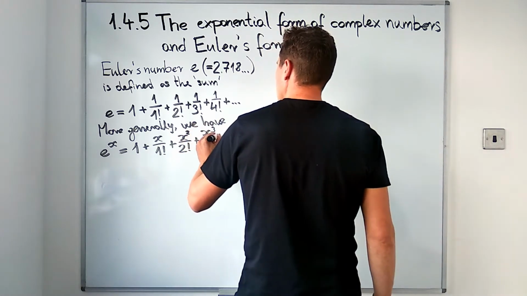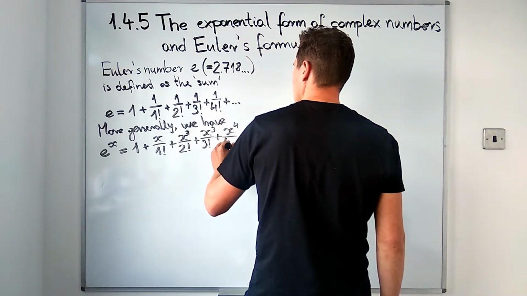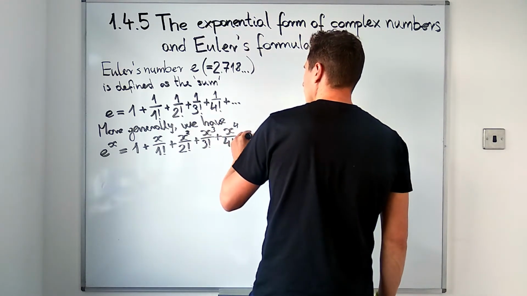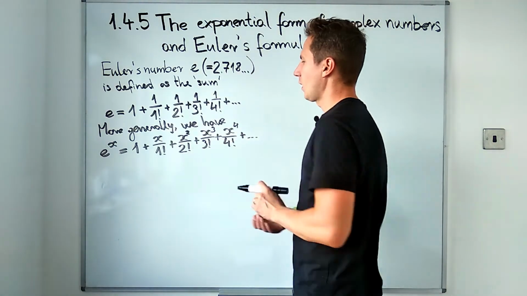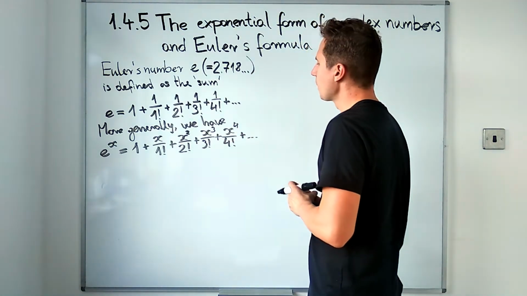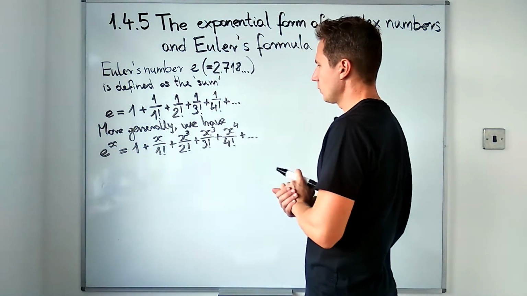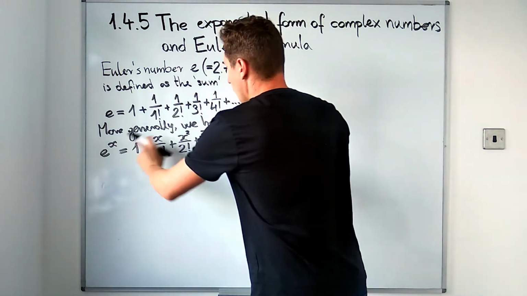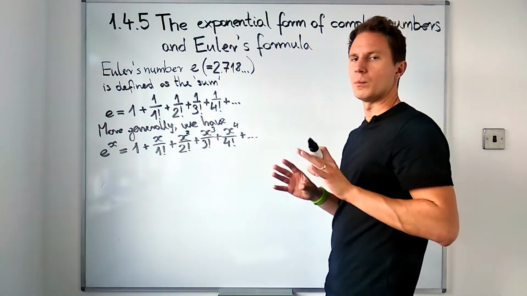So you see where this is going. We have powers of x divided by the corresponding factorial, and we add all these up. This way we get what's called a power series, a series expansion for the exponential function. We are not going to establish the validity of this result. This is for your calculus module.